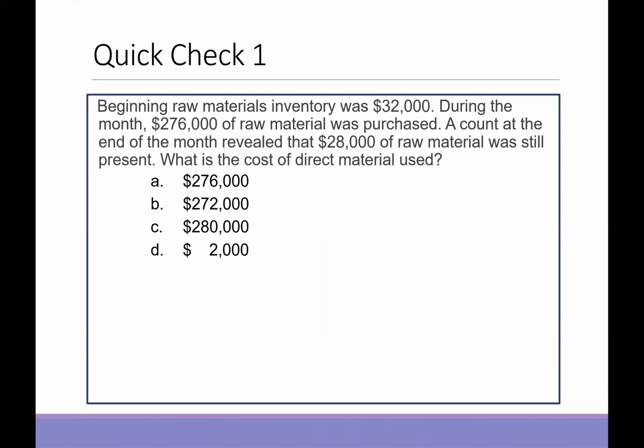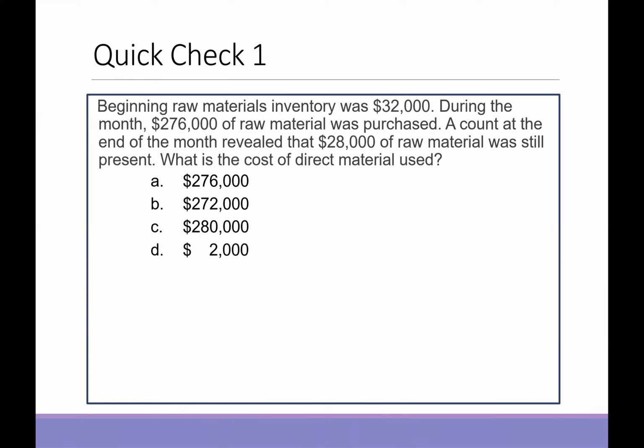So guys, who wants to take this one? Beginning raw materials inventory was 32,000. During the month, 276,000 of raw materials is purchased. A count at the end of the month revealed that 28,000 of raw materials was still present.